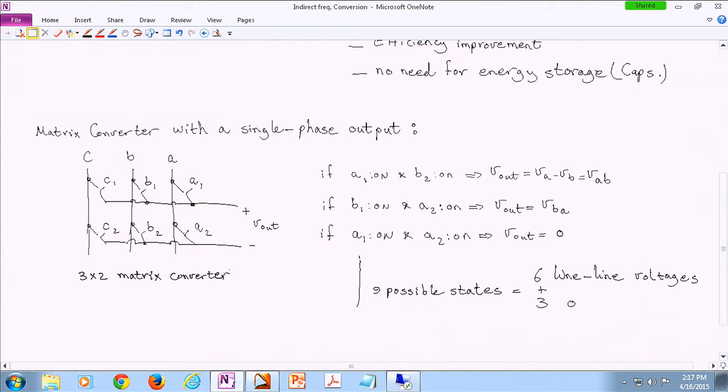If I want it to follow 0, I can turn A1 and A2 on, or B1 and B2 on, or C1 and C2 on, and so on and so forth.